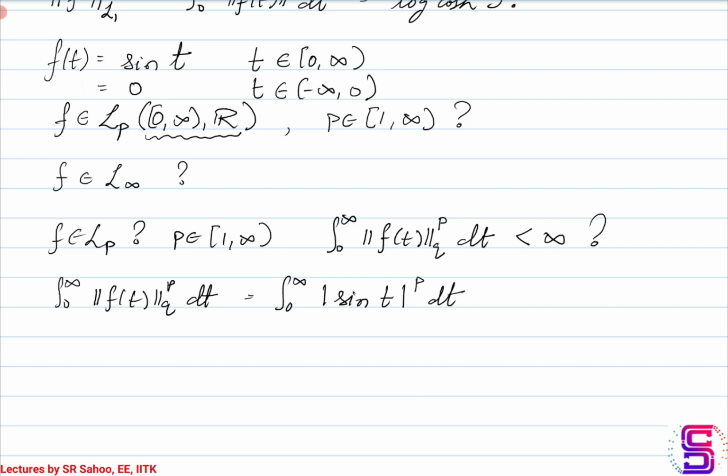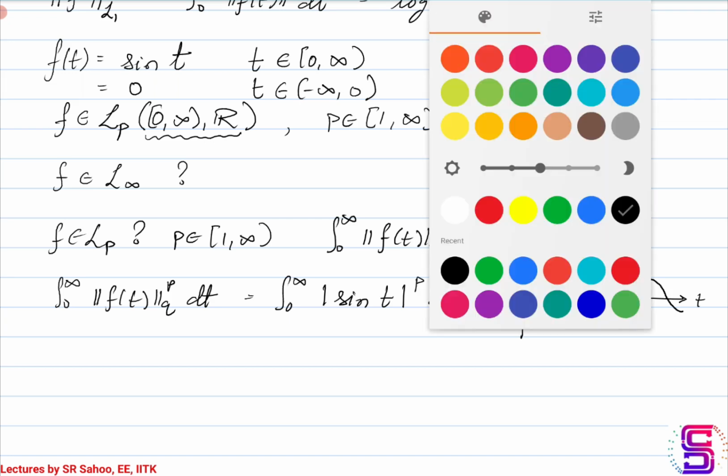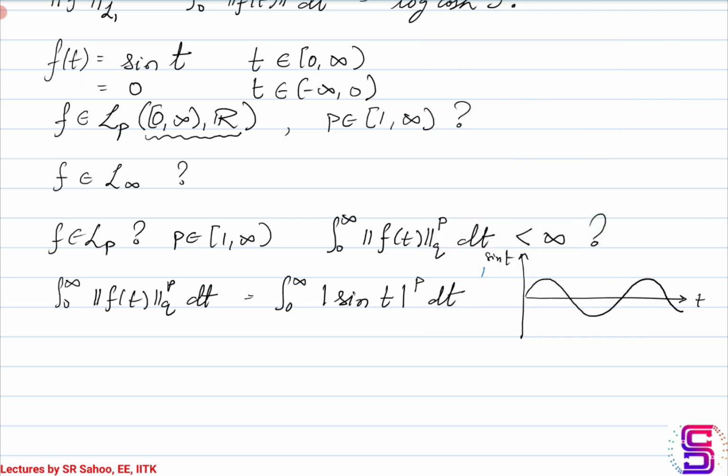Now if you look at the sine curve, how does it look? Roughly the sine curve is going to look like this, as it progresses. So how would mod sine t look? Mod sine of t is going to look like this.